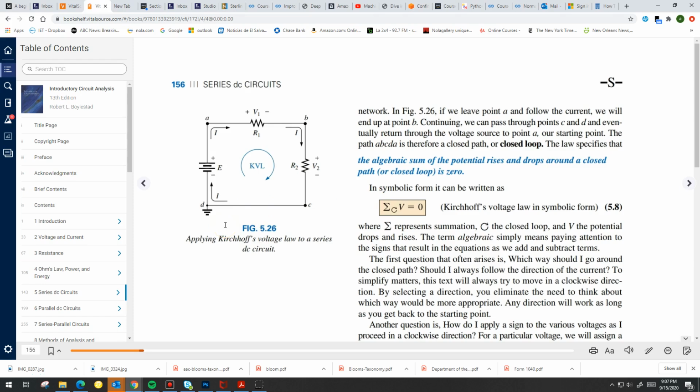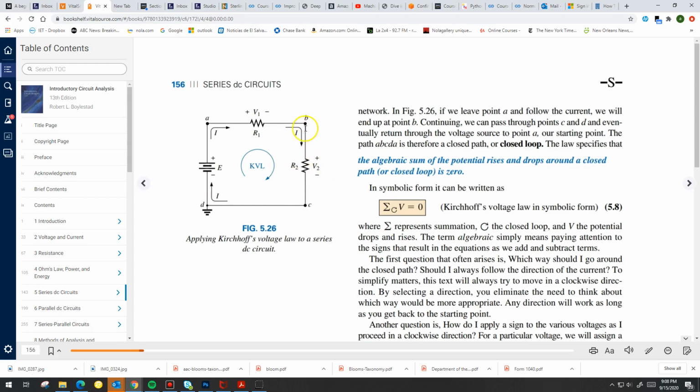What I mean by that is that in the example that I just showed you, I was going clockwise, D, A, B, C, D. What if I go the other way around, counterclockwise, D, C, B, A, back to D? From D to C, there's no voltage drop, there's nothing there. From C to B, see what happens now.